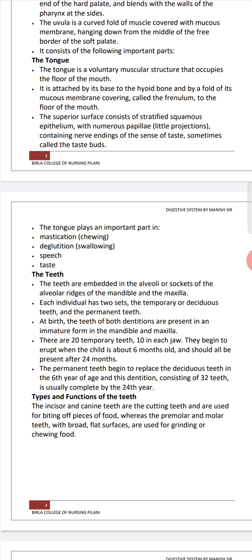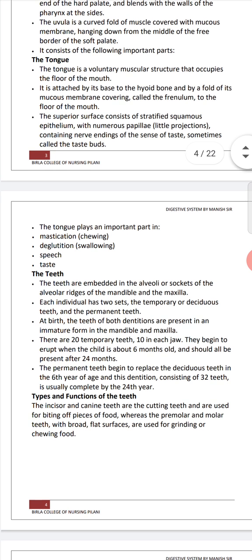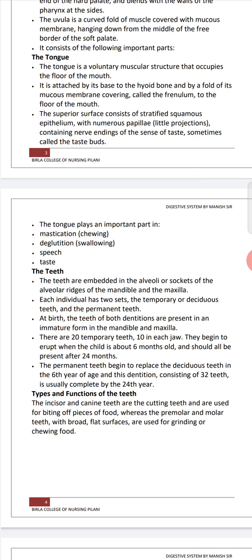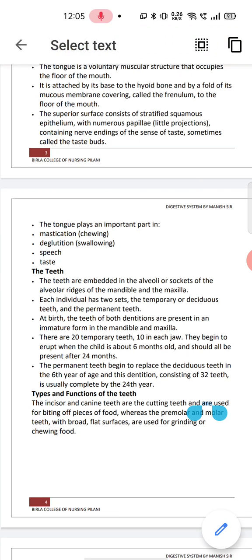They begin to erupt when the child is about 6 months old and should all be present by 24 months, that is, by 2 years. The permanent teeth begin to replace the deciduous teeth in the year of 6, and the full set of 32 is usually completed by the 24th year, when the child becomes an adult. So the total number is 32.